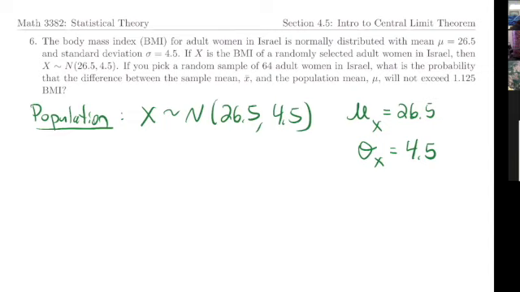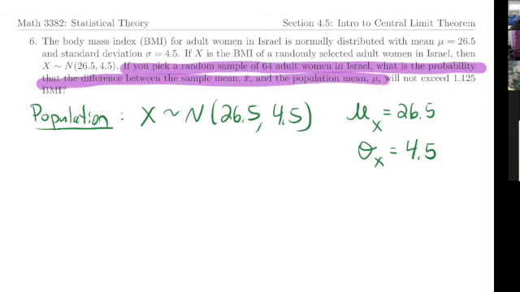Okay, and so now this is the question that we're trying to answer here. We're going to pick a sample of 60 for adult women. So that's our sample size.